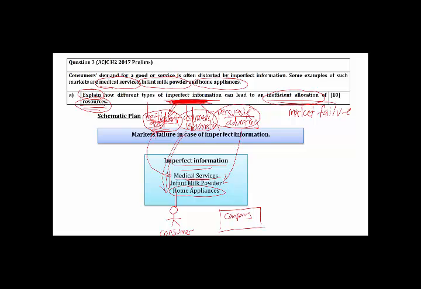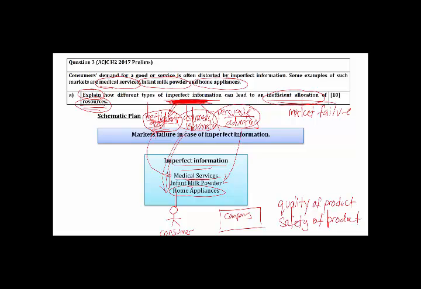Okay, and in this case, here is the company that's selling your electrical appliances. So it could be in terms of having information about the quality of the product, or it could be the safety of the product.